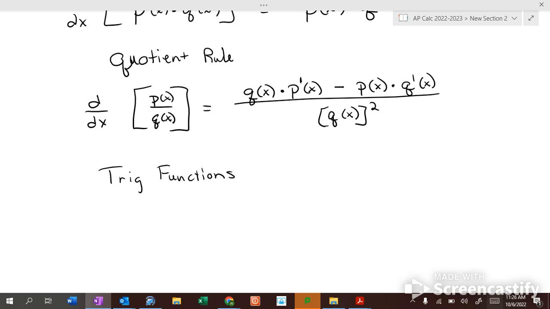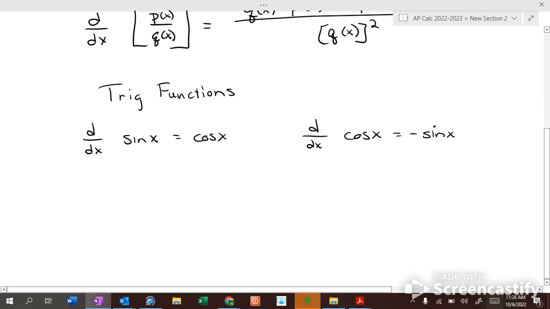Now this should already be on your note card. What's the first derivative of the sine of x? Cosine of x. What's the first derivative of the cosine of x? Negative sine of x. The first derivative of the tangent of x.